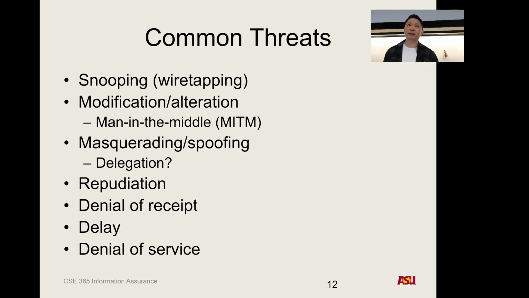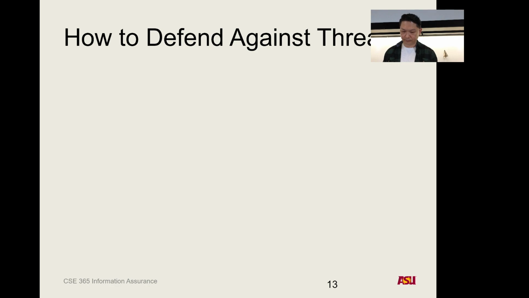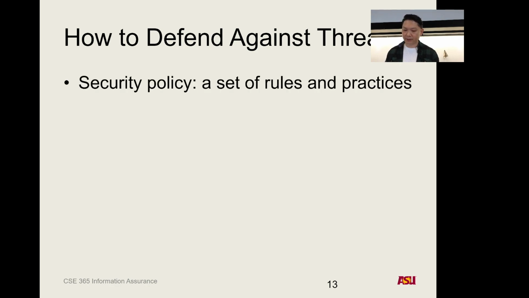So the categories are sometimes combined and redundant. In a way, when you understand the categories of threats, you can analyze the potential risk of any systems, of any environment, physically or virtually. Okay. How to defend against a threat?